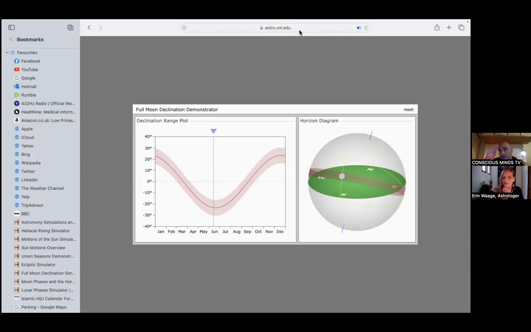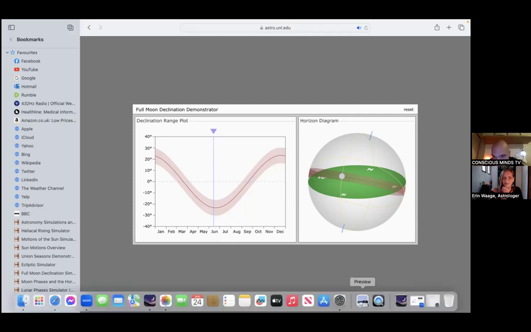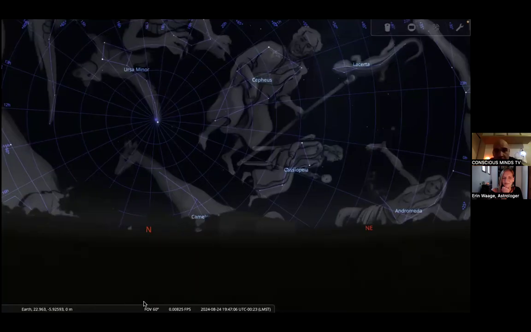And then going outside and visualizing it all. For example, with the Stellarium one, when you're at different latitudes, the pole star will be lower in the sky or higher.